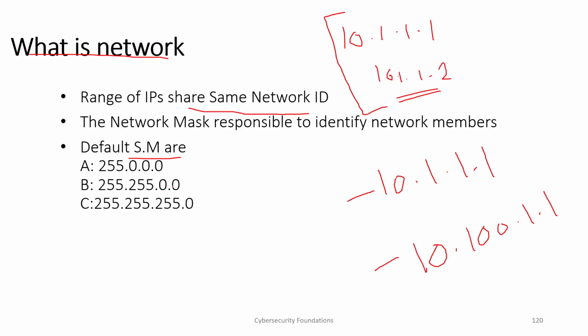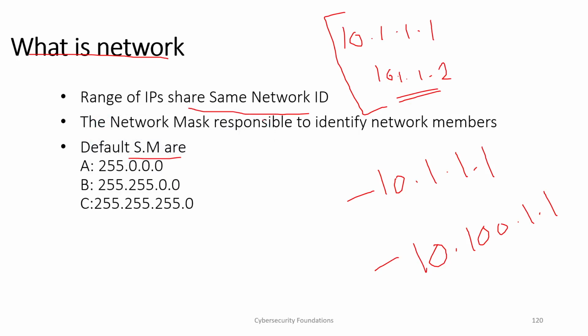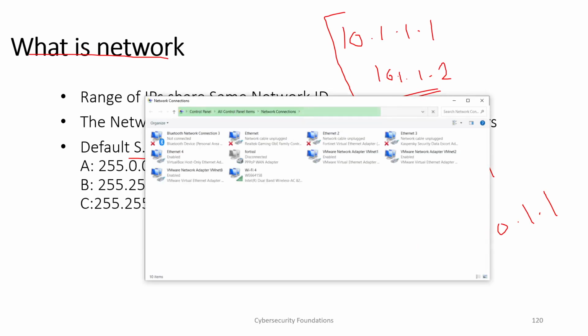While we are configuring our computers, printers, and so on in a static way, we would be requested to enter both the IP address and the subnet mask, right? So what is the subnet mask?